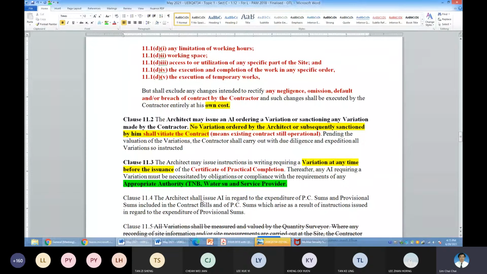Under the requirement for the building to be operational, service providers, for example Indah Water for your sewerage, plus others.